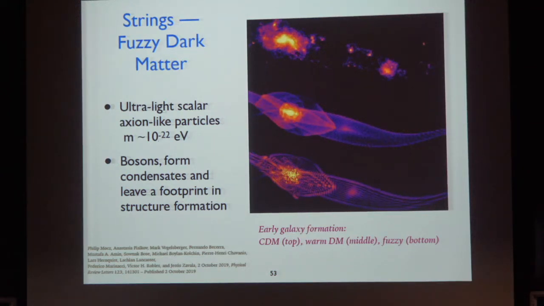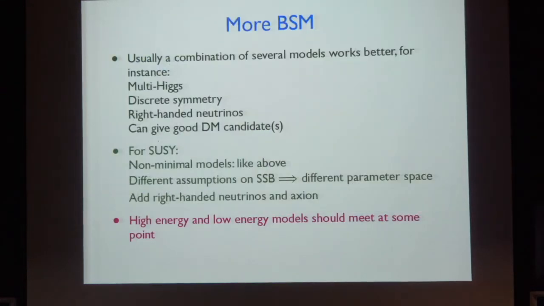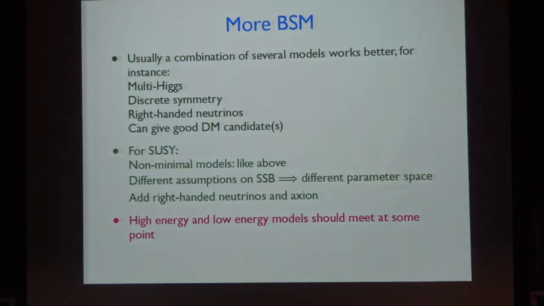So as you can see, we have a vast array, I just showed a few, of what particle physics proposes as candidates for dark matter. But there's a caveat here. Most of the models assume that 100% of dark matter is just one particle and nothing else.